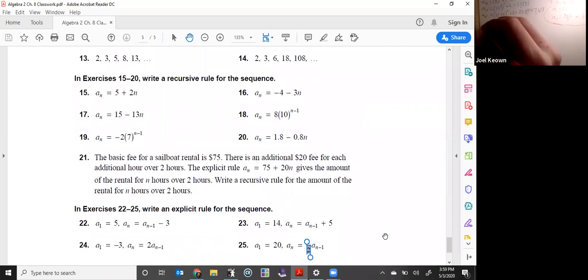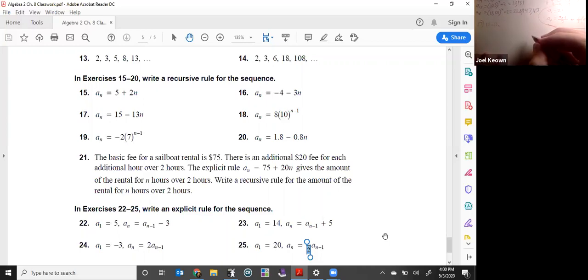So I'm going to try 17 and 19. 17 is 15 minus 13n, and 19 says a sub n equals negative 2 times 7 to the n minus 1.